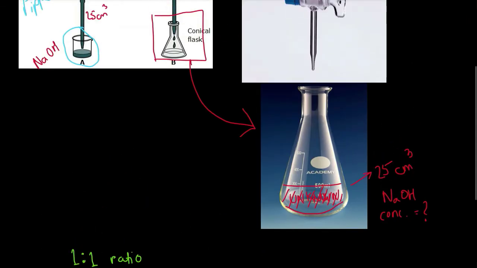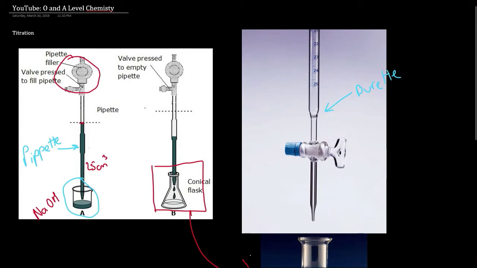Good. Now, as we know that sodium hydroxide reacts with HCl, what we can do is take a known concentration of HCl into this burette, and fill this burette up with HCl all the way. So, say for example, this is HCl.